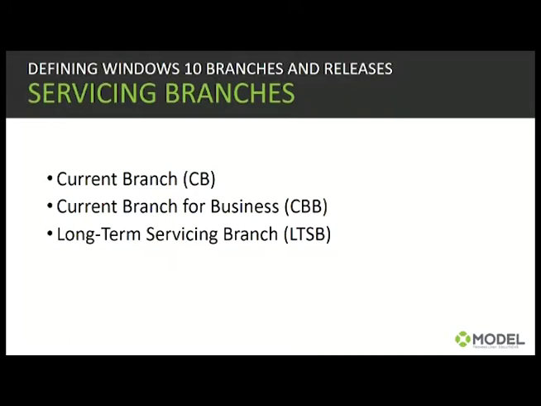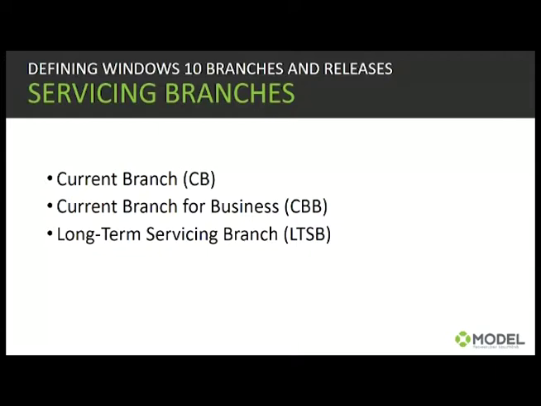In the next couple of slides, I'll walk through what scenarios these are really good for. But current branch for business is once a current branch build has been declared ready for business, it is now current branch for business. That tends to signify 2 builds ago going into a grace period. Now I realize that may not make sense just yet, but I'll bring it back around in a couple of slides.